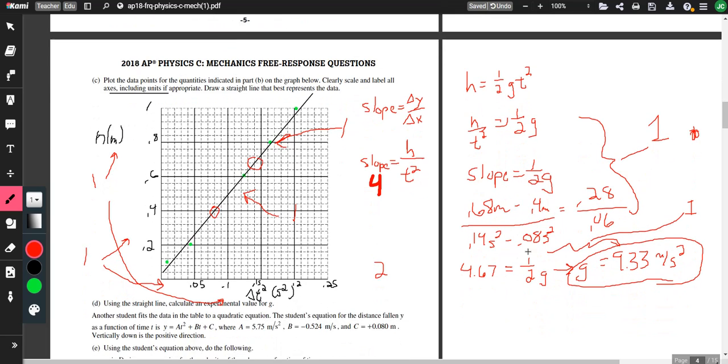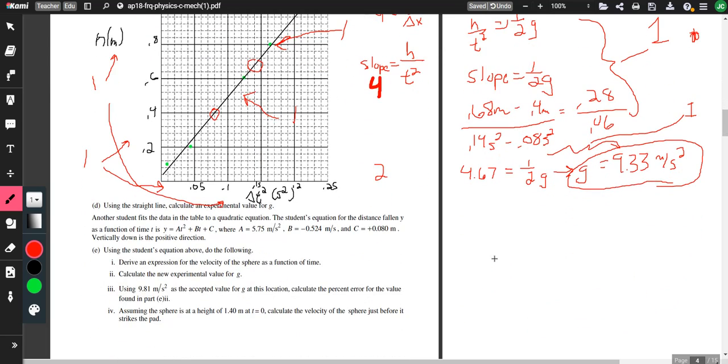All right. The next part, part E, they want us to derive an expression for the velocity as a function of time given this stuff. This is where the calculus comes into play. They tell us that the position equation is given by this quadratic, which makes sense.